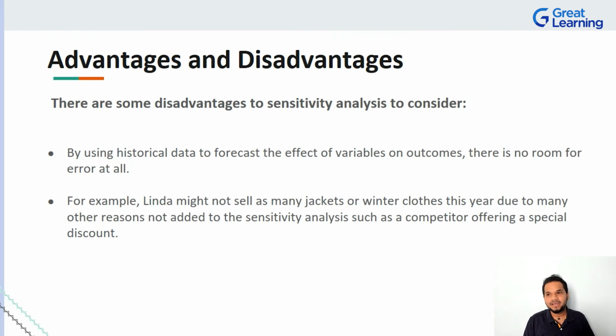But at the end of the day, if Linda starts selling and she has already performed analysis, she knows that she has to buy 20 jackets, but there's a competitor next door who says, hey, I'm going to give you a 40% lesser price than what Linda is paying. Now, even though she performed a lot of analysis, where do you think the customers are going to go? They're going to go to the competitor, right? Now, Linda cannot use that to make assessments in hand, in time.